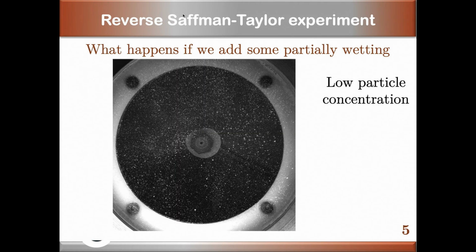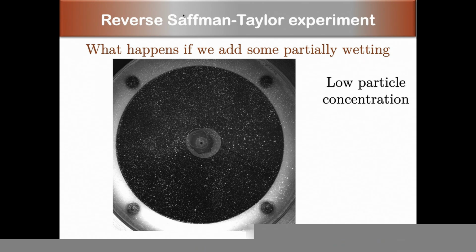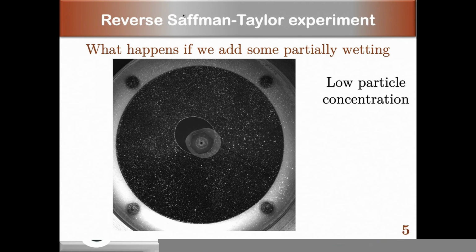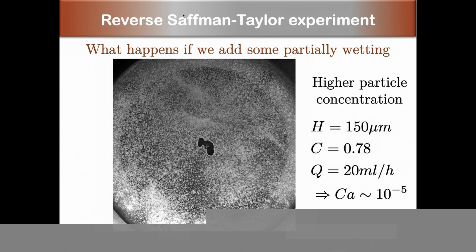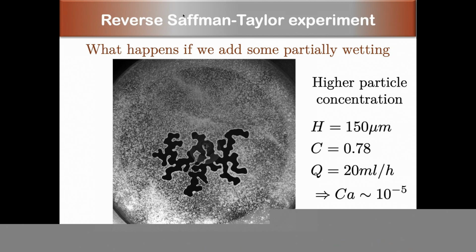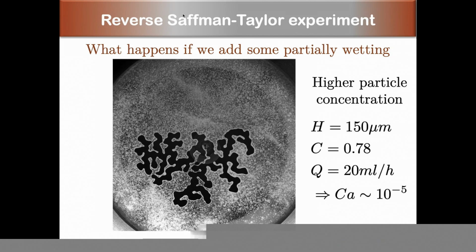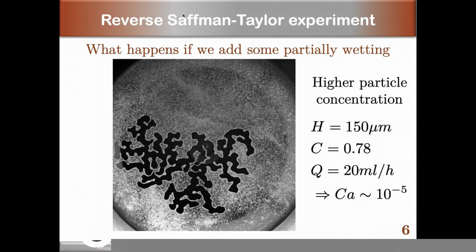We have this experiment where some particles are dispersed on the two surfaces of the cell, and we pour some liquid. If you do that at low concentration, at least at the beginning, it's stable, as you might expect. But if you increase to a higher concentration, then you have some fingers appearing like this and developing in your system.